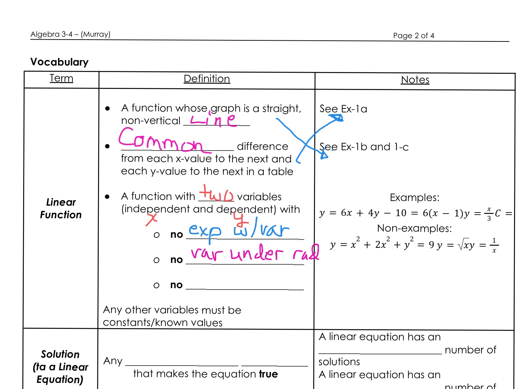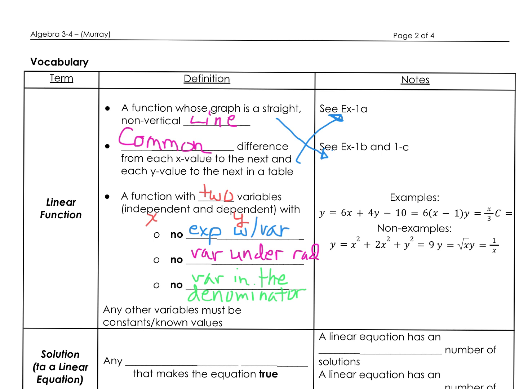And then the last exception is that no variable, so that's var, no variable, in the denominator of a fraction. So in the denominator. And hopefully you know that the denominator is in the bottom of a fraction.